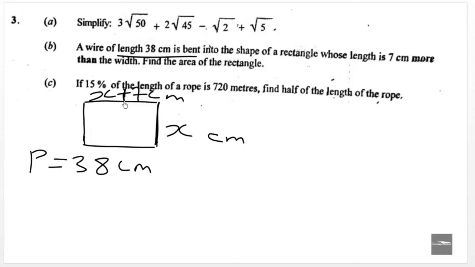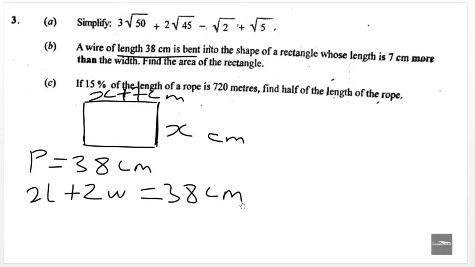So the perimeter, remember, is equal to 2 times the length plus 2 times the width. And that should give us the 38 centimeters.